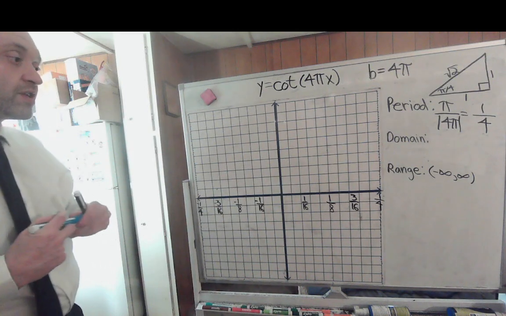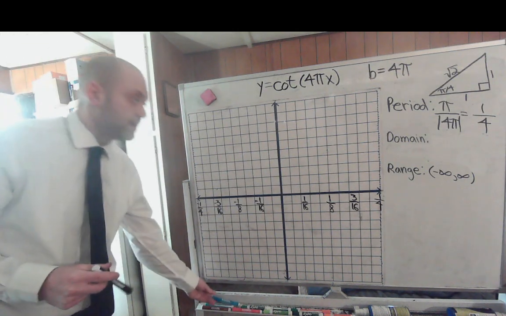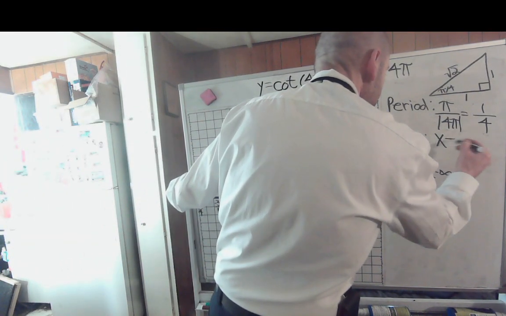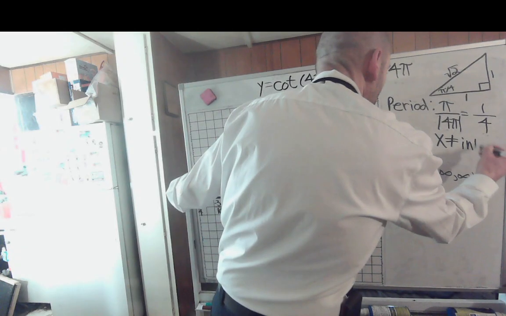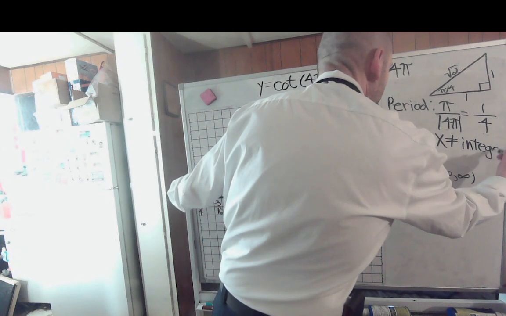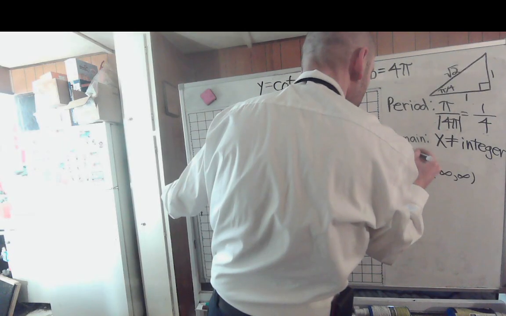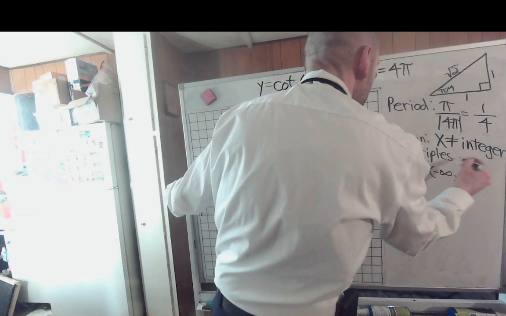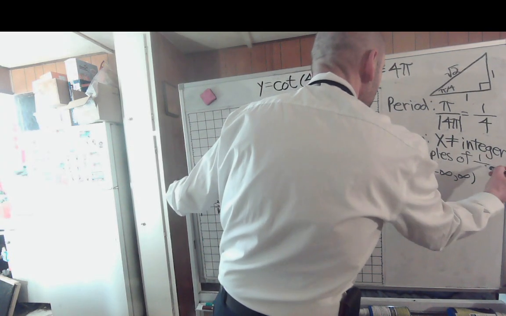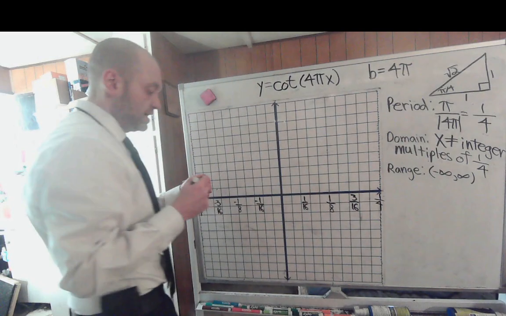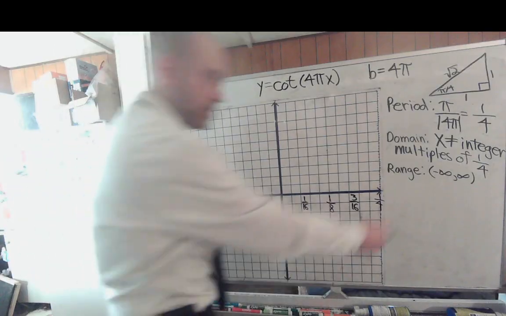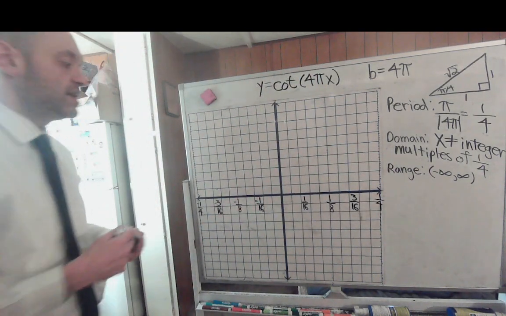Alright, so we have our asymptotes. So that means the domain is all real numbers except x cannot equal integer multiples of 1/4. That's where it's undefined. Your range is still negative infinity to infinity.